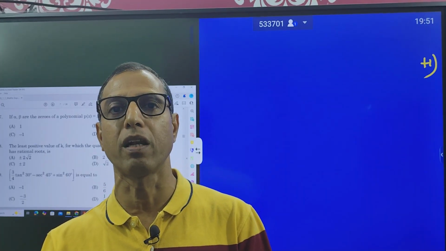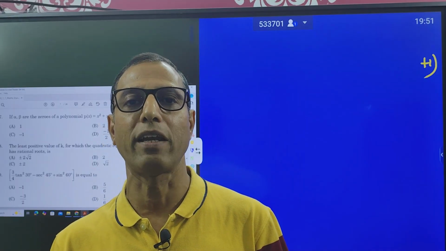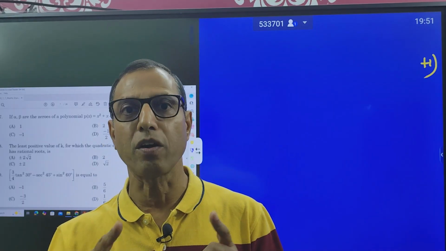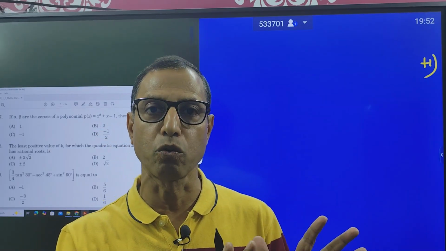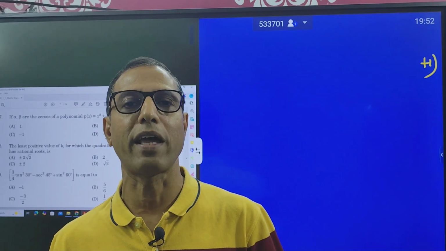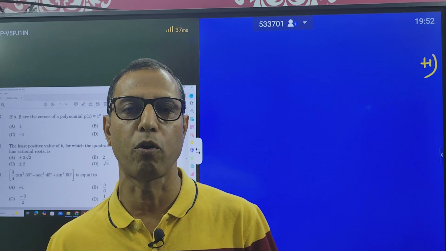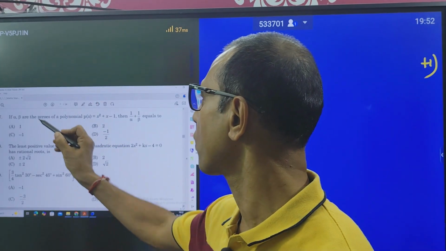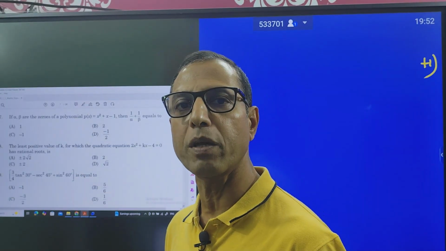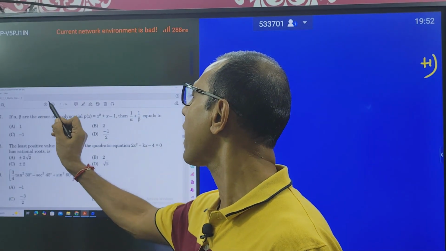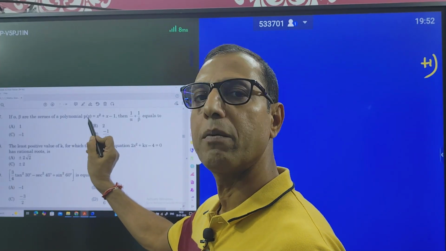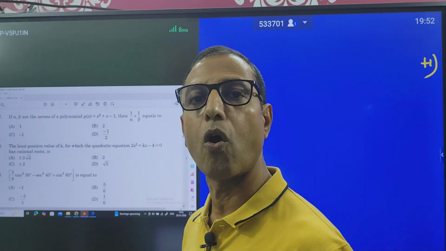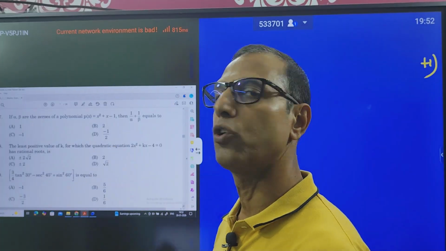Not for all values can the polynomial be 0; there are certain values of the variable for which the polynomial becomes 0. So here, alpha and beta are the zeros of the polynomial, which means if you replace the variable x with alpha or beta, the polynomial becomes 0.